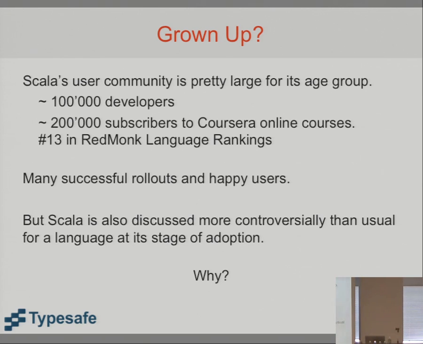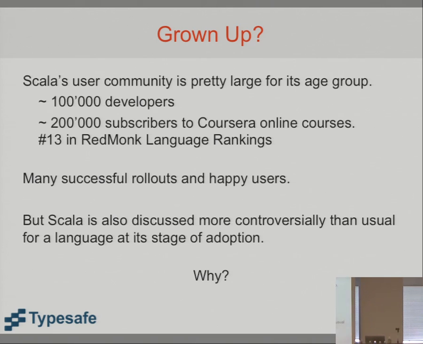Another harder number is that the Coursera course on functional programming and the one on reactive programming together had more than 200,000 enrollments. Of course, some people enrolled in both courses, and some might have enrolled several times in the functional programming course, so we can't really count how many people that is, but it is a lot of people enrolled in these courses.